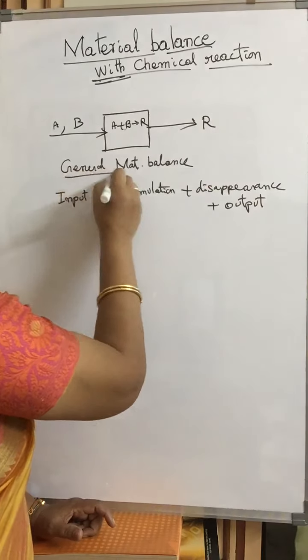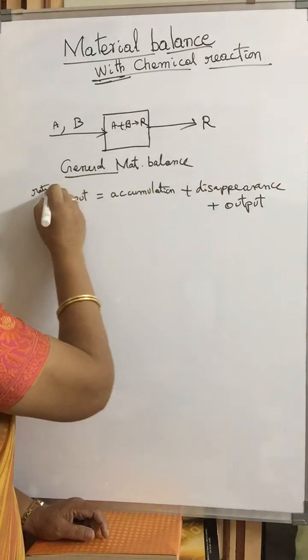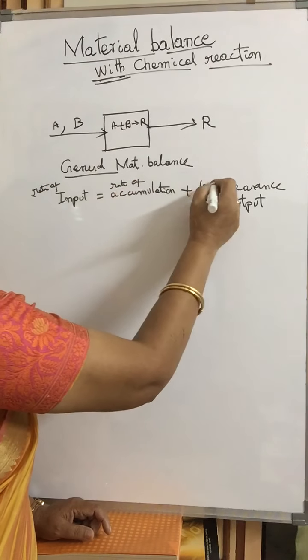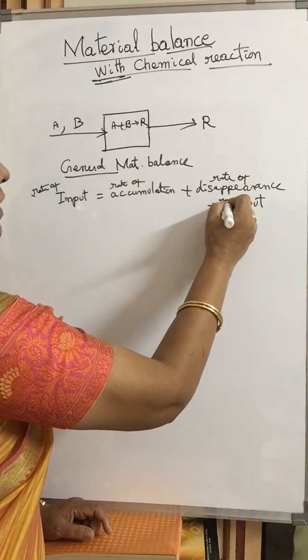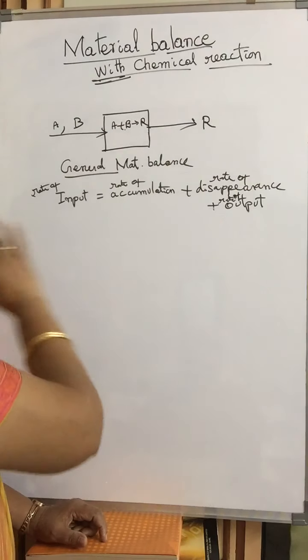This is the general material balance equation. You can include rate for everything: rate of input equals rate of accumulation plus rate of disappearance plus rate of output. Okay, this is the general form.